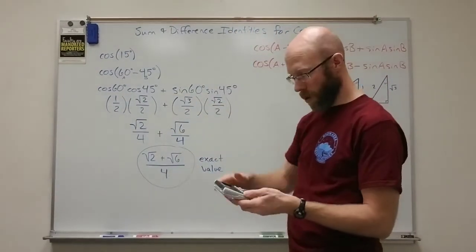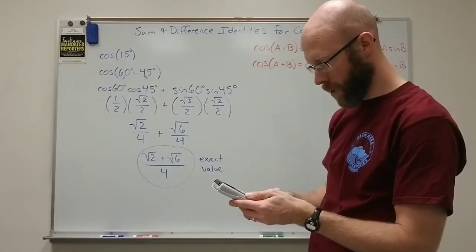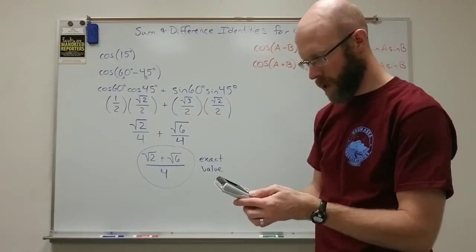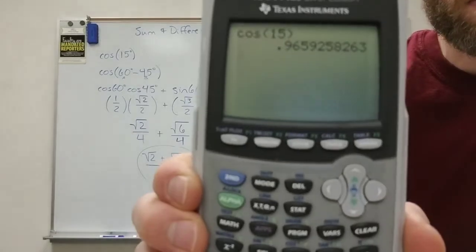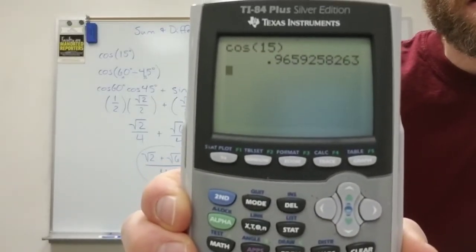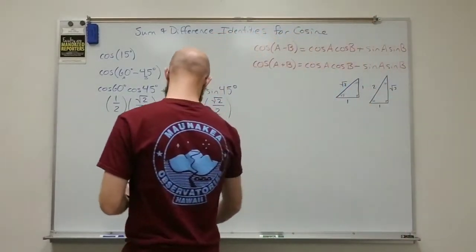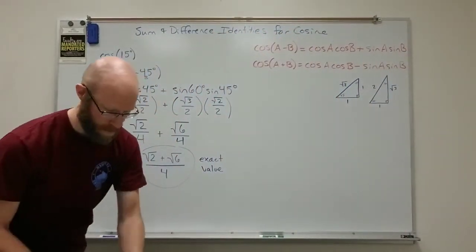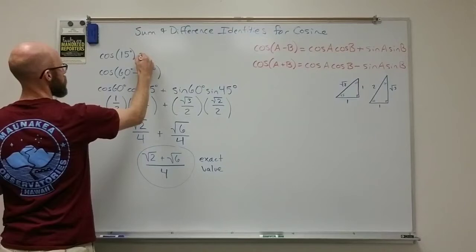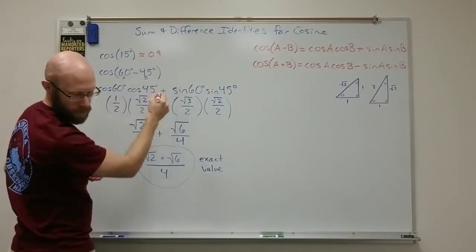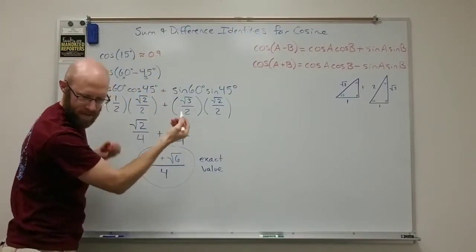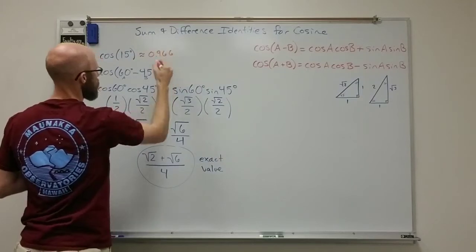And I'm going to type in cosine of 15 degrees, and you'll see right there it's about 0.9659, whatever. So that value is approximately 0.966, if I round that off.